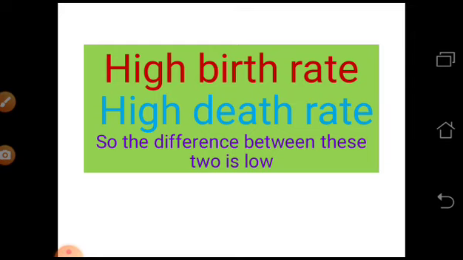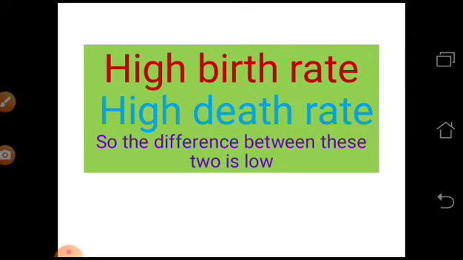It will be 0. Or out of 1000 population, as we have learned, if the birth rate is suppose 30 and the death rate is also 30, that means both are high, or maybe 50-50 also we can say.